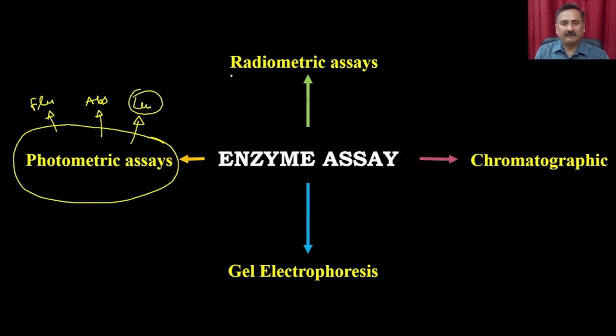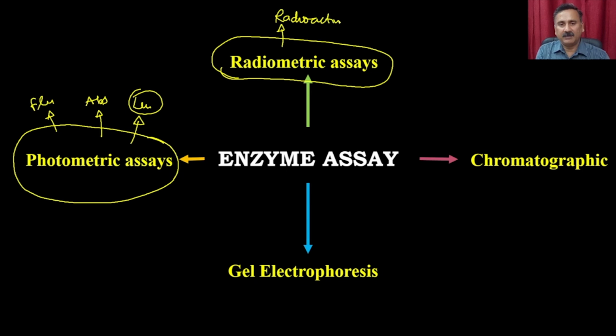And then you can also have the radiometric assays, where you are going to see the change in the radioactivity of the substrate or the product. And then you can also have the chromatographic techniques, which you can also use for measuring the enzyme assays.